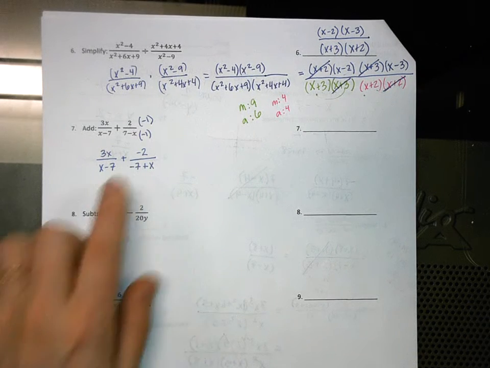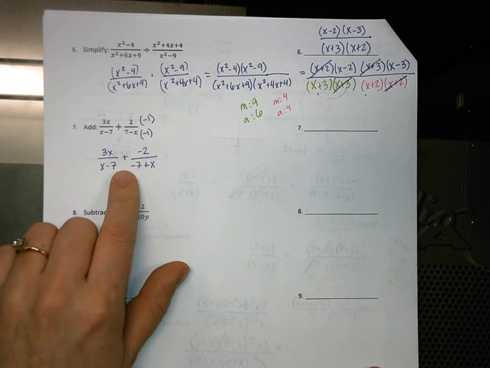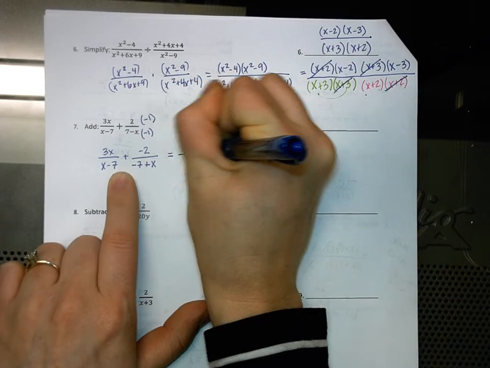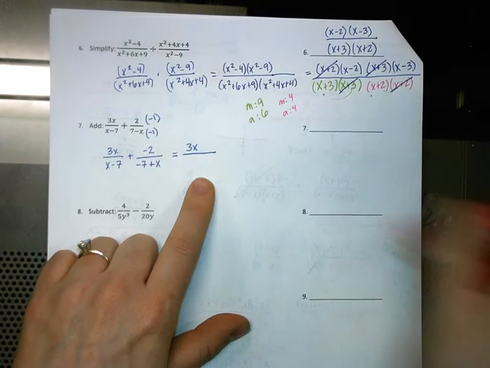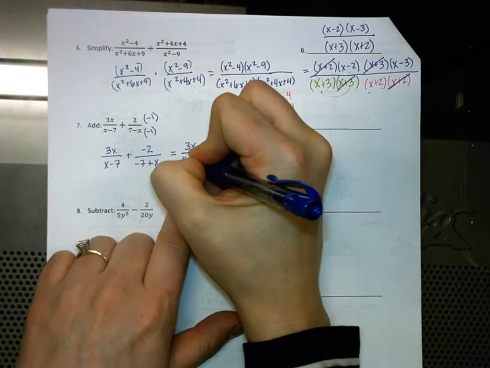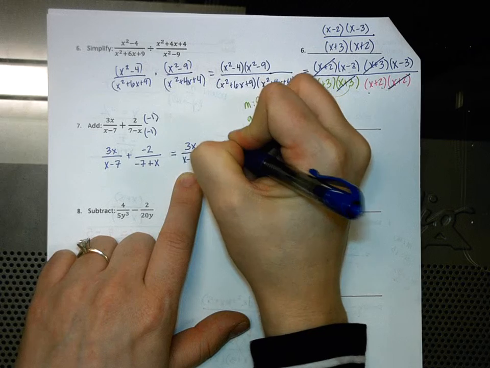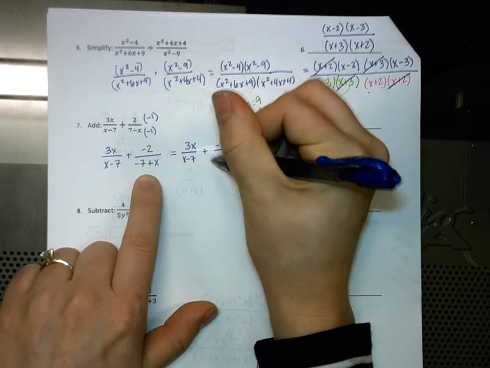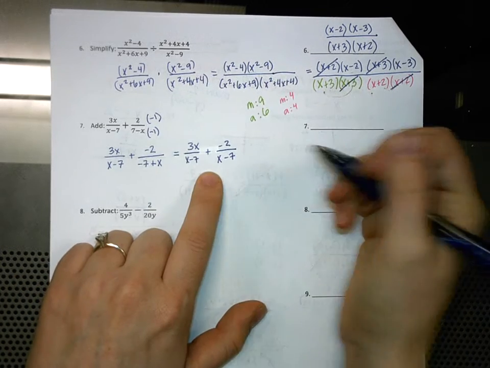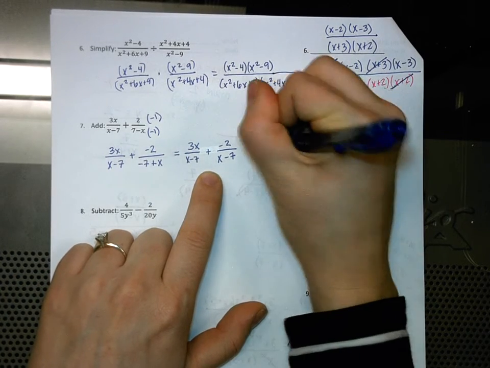Are my denominators the same now? Yes. Even though they're not written in the same order, this would be the same as rewriting x minus 7. I have a positive x and a negative 7, so that's x minus 7 as well. Which means you can combine your numerators to 3x, what?